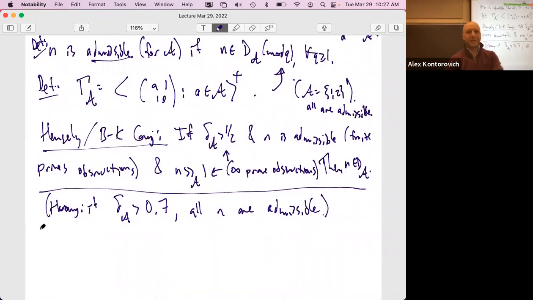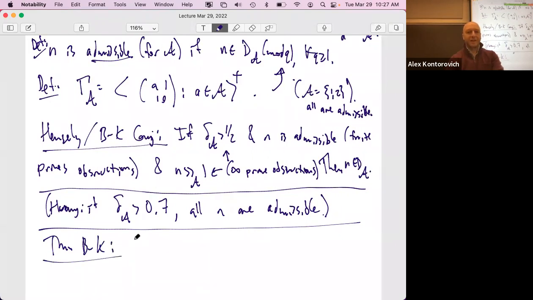Okay, so the theorem, again: if delta_A is sufficiently large, 0.999 or whatever. And this has been whittled down to better things. I'll give you some hints on how to do that.